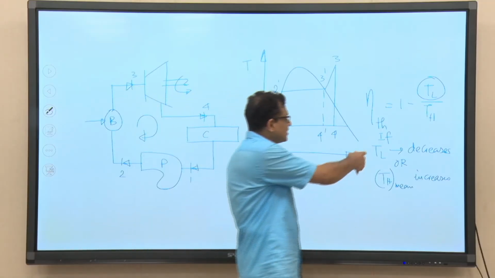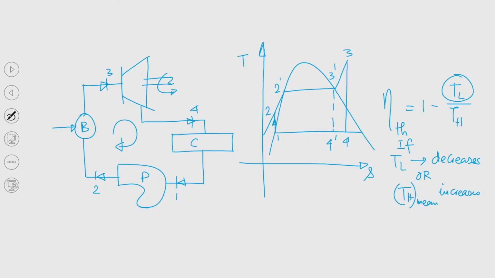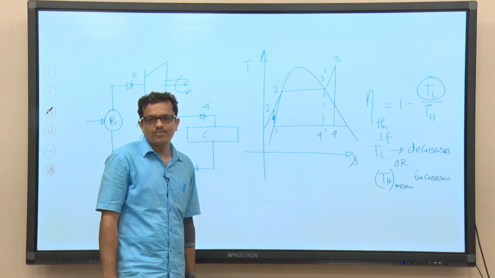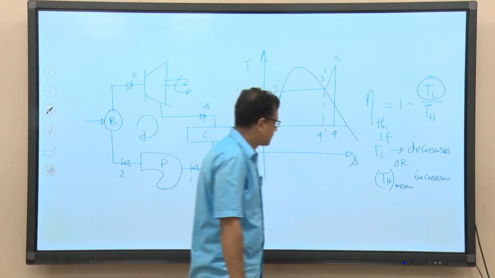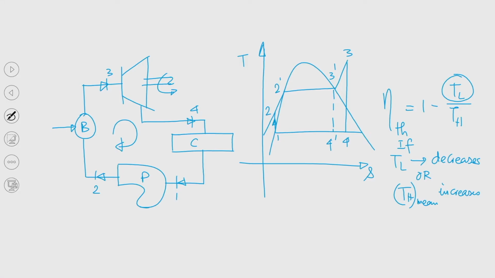Either by decreasing TL, but as I told you in the previous classes, we really cannot decrease TL; I mean we can decrease TL, but in doing so we are going to invite another problem. Now, what we can do is increase the mean temperature of heat addition, and that is what I was discussing in the last few classes.